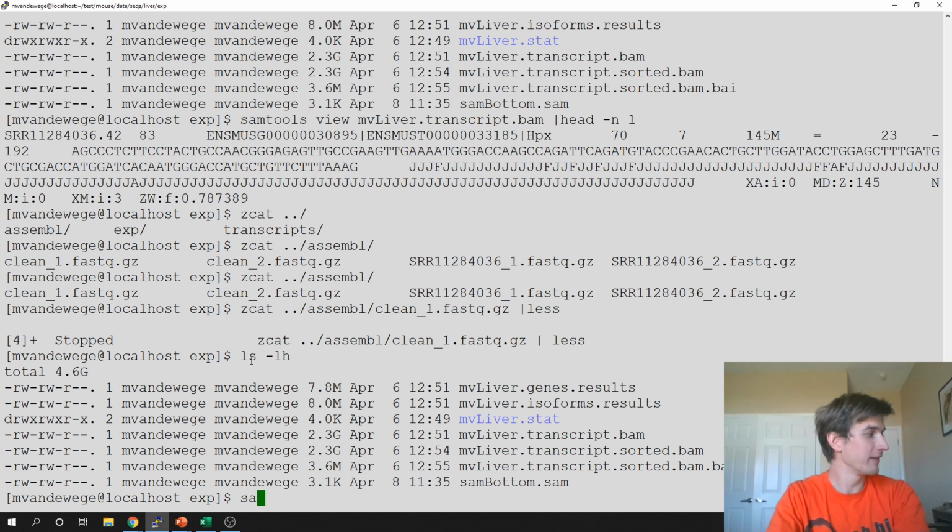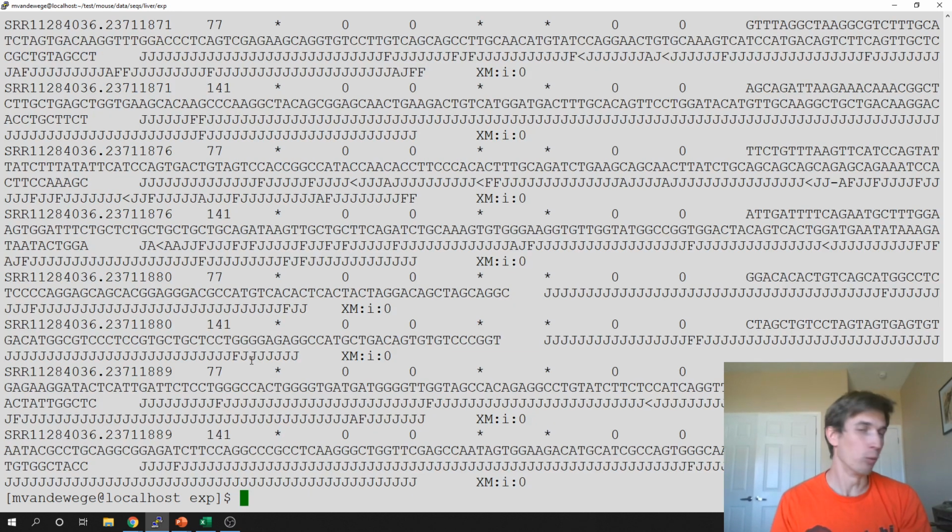So everything at the bottom of a sorted file is unmapped. These are reads that were in the FASTQ file, but they didn't seem to be derived from any of the sequences in our reference CDS file. And so we see flags that basically tell us this is unmapped.